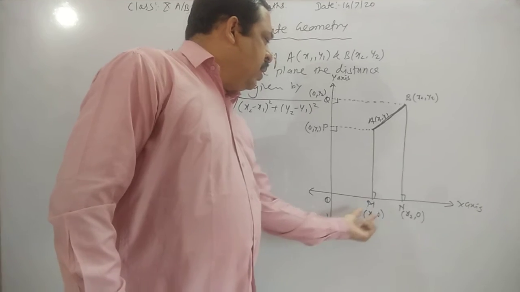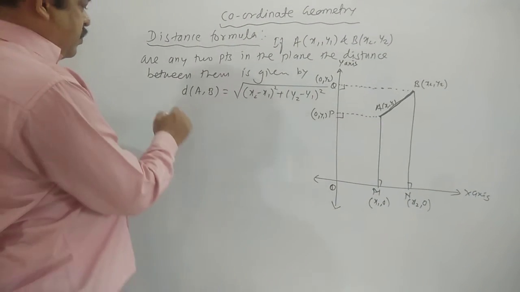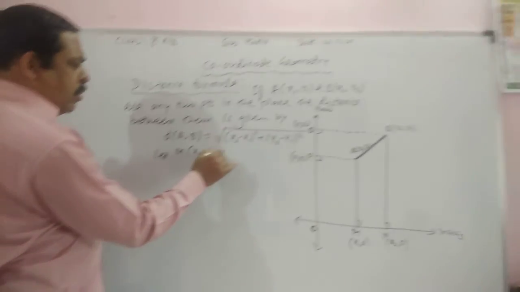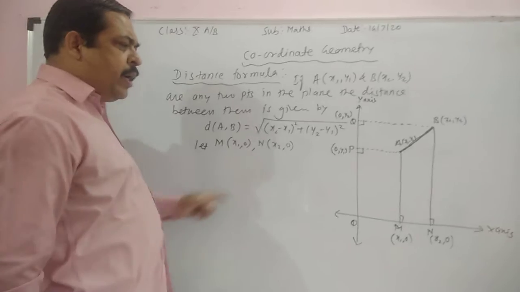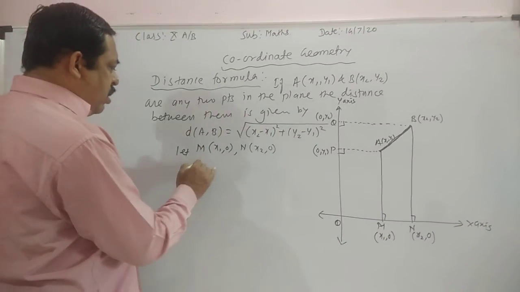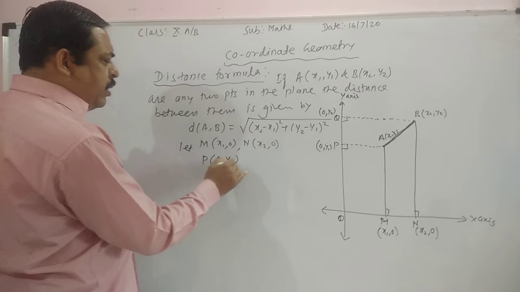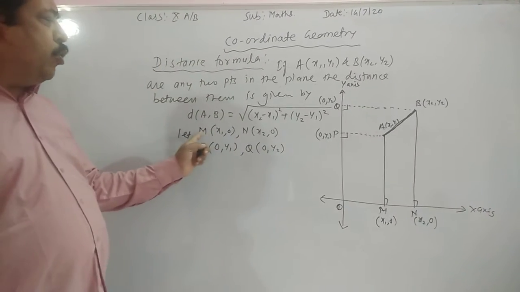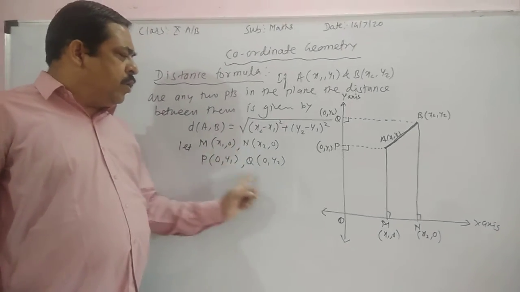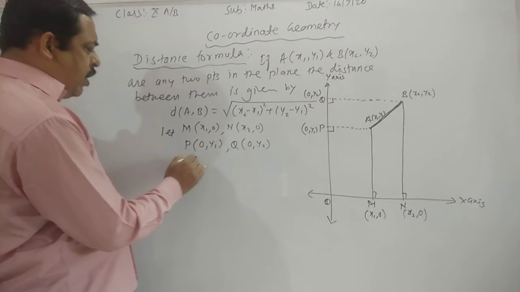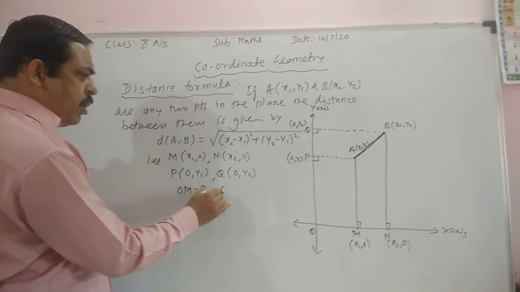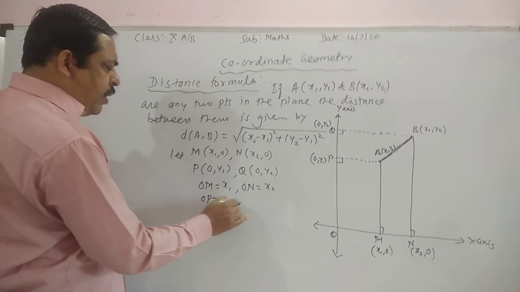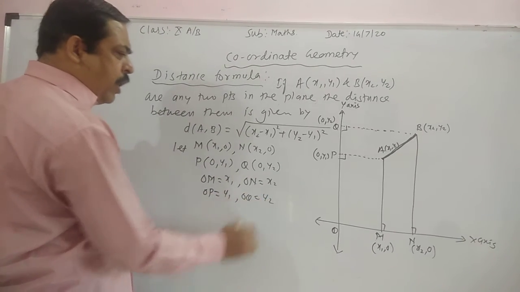Let M be (x1, 0), N be (x2, 0), then P is (0, y1) and Q is (0, y2). These are the coordinates of the 4 points M, N, P, Q. Now OM is equal to x1, ON is equal to x2, OP is equal to y1, OQ is equal to y2.